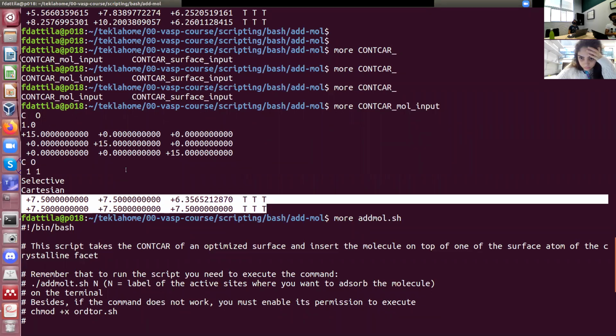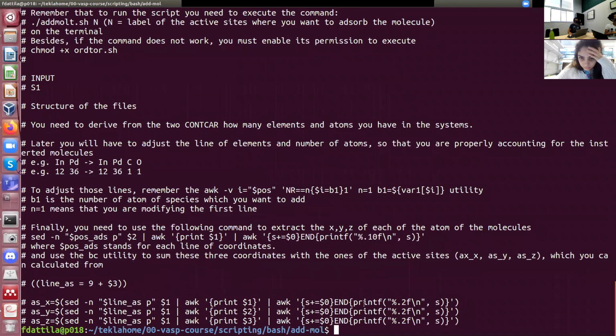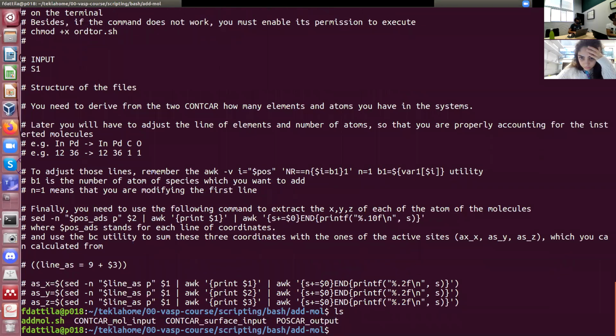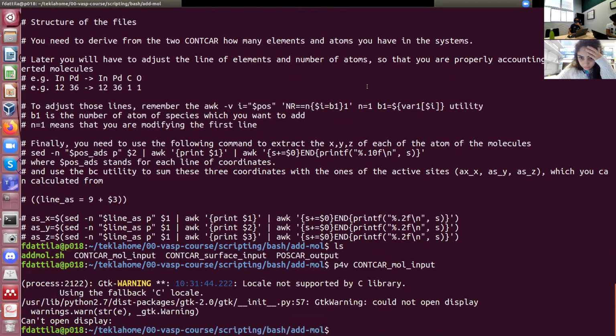Okay. So, just to make it a bit easier to understand, what the script will need, you need to do two things. Okay, let's do it easier. So, the first thing that you can do, if you want, is do it manually. Okay, now I need to open this.